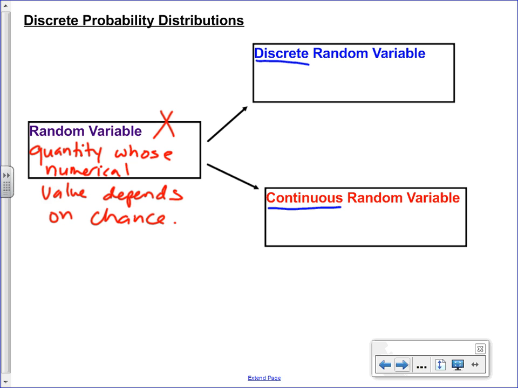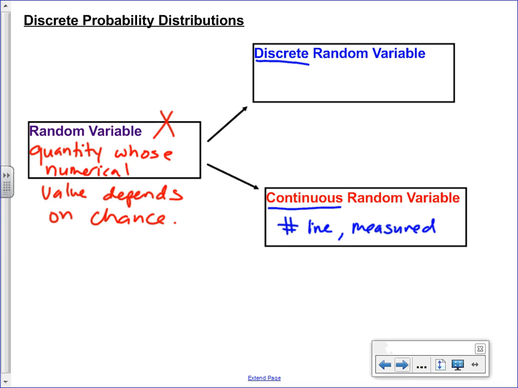The difference between discrete and continuous. Does anyone know? Anyone done probability before? What do you think when you think continuous? Keeps going. Yeah, kind of like a number line. So let's look at continuous first. When you think continuous, think of something that could be on a number line or something that could be measured.